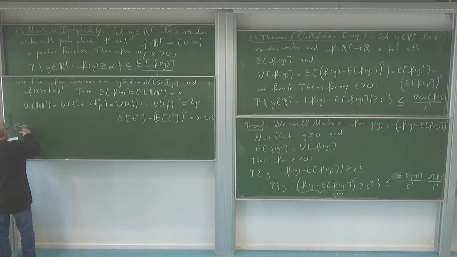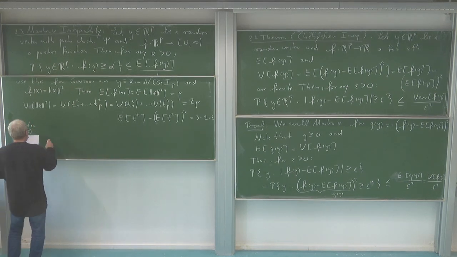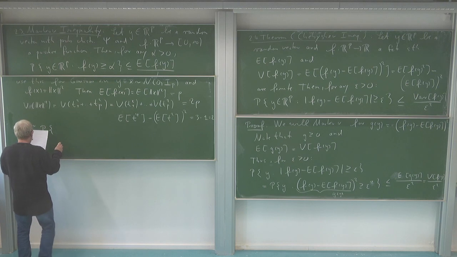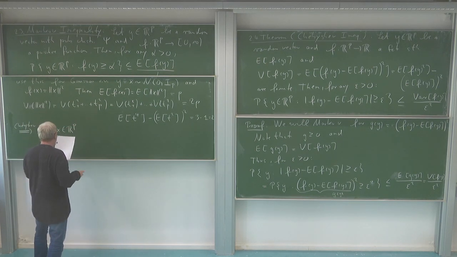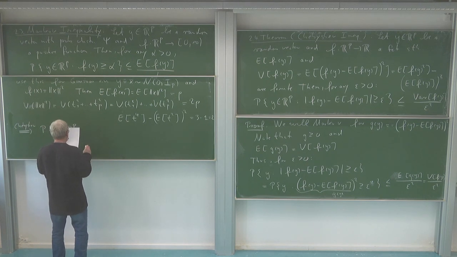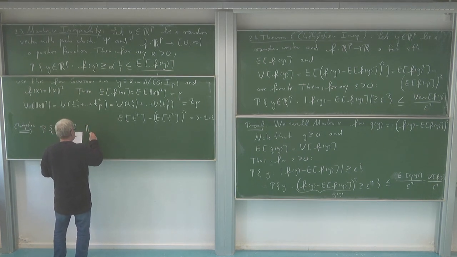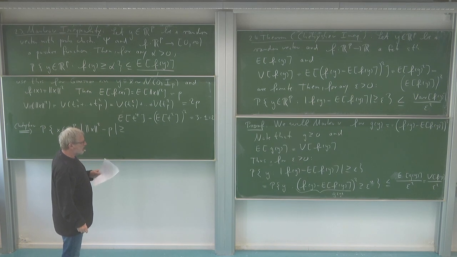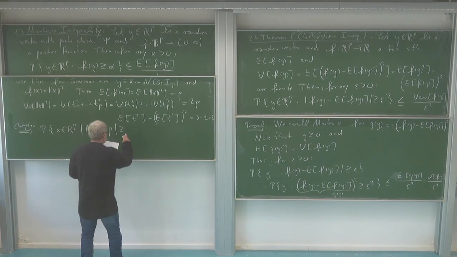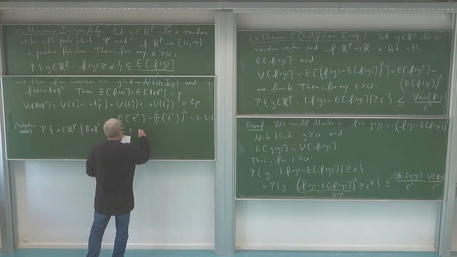So Chebyshev is now an estimate for something which we really want. What is the probability, for our Gaussian random vectors, that the difference between the square of the length and p is bigger than, now I erased it in this form, actually we wanted bigger than epsilon times the square root of p.